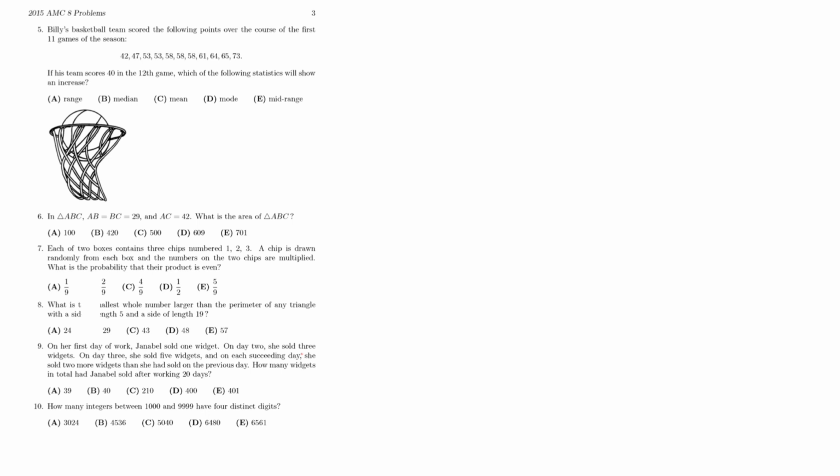Range is the largest number minus the smallest number. That's 73 minus 42, which is 31.